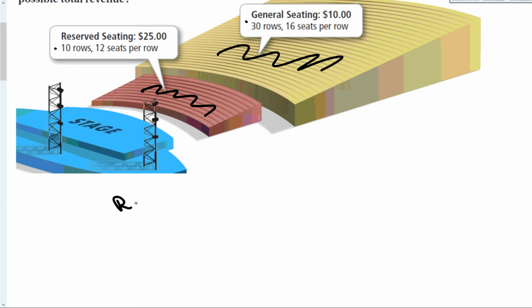So revenue is going to equal 25 times, well, there's 10 rows and 12 seats. So that's how much we're going to get for reserve seating, plus the revenue for general seating.